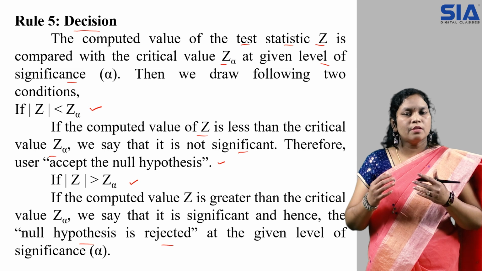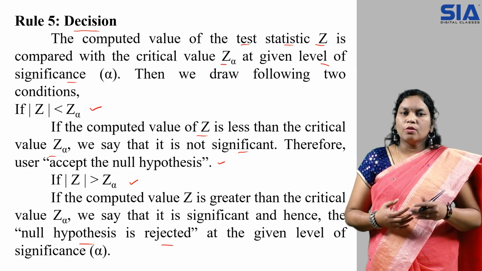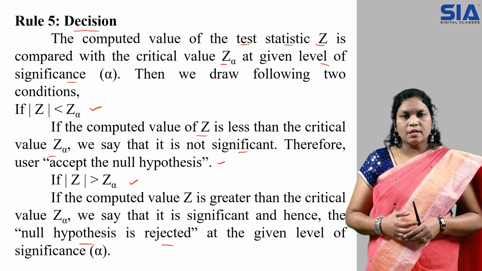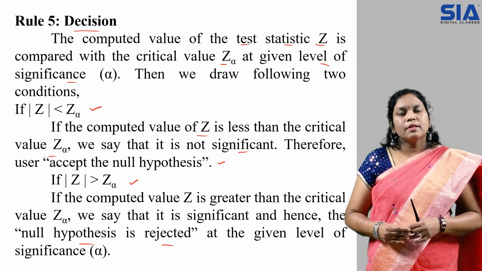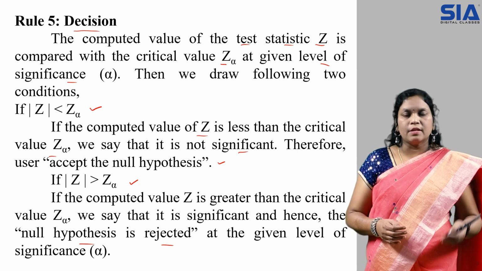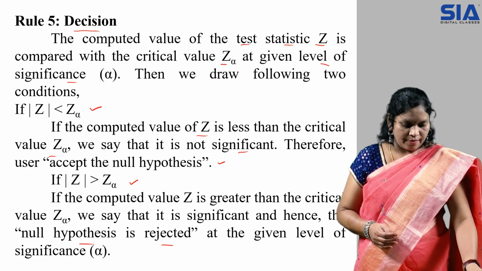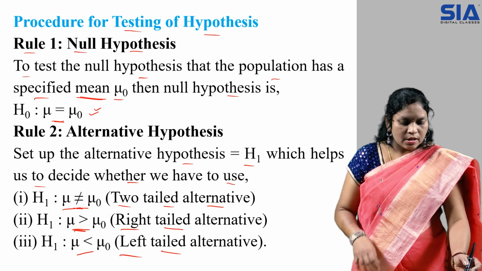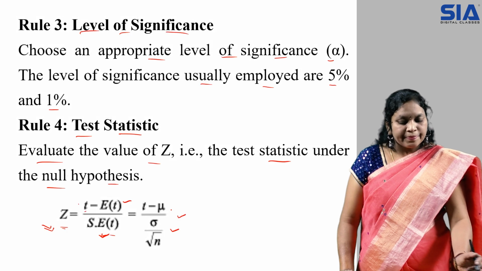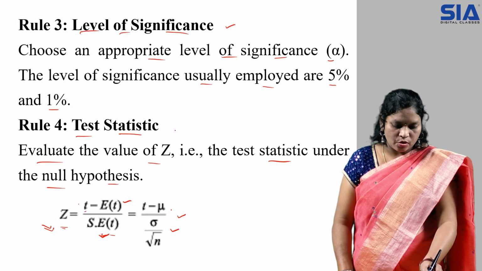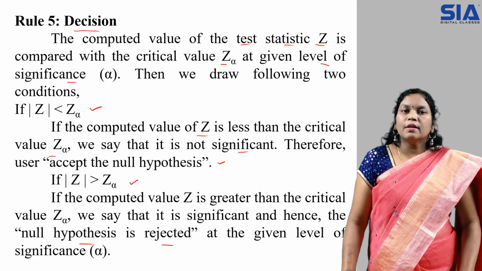From here on, we'll go for testing of hypothesis for different types of data, with these steps. All the steps will be the same for whatever type of data we are considering. Based on the data, we'll pick the particular formula or test statistic and go for conclusions. First, we write the null hypothesis, then the alternative hypothesis based on the data, then the LOS, the level of significance, then the test statistic based on the given situation.